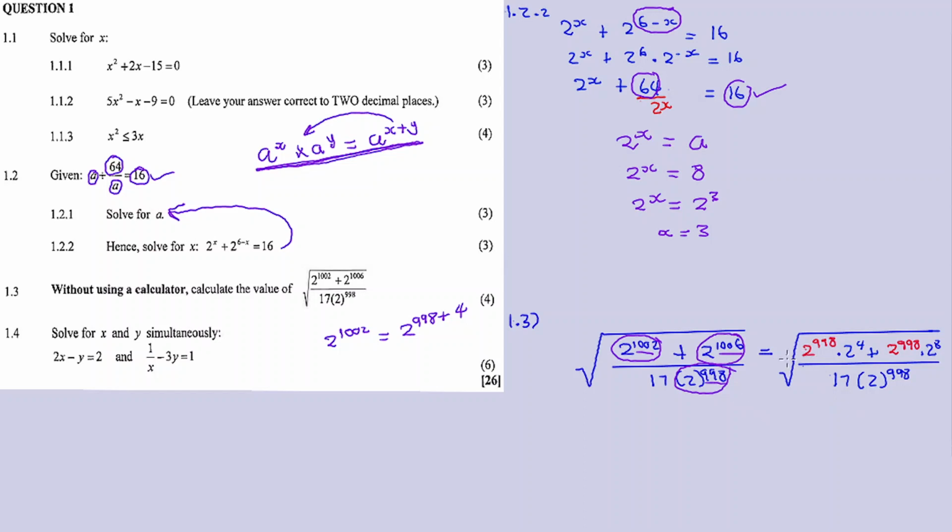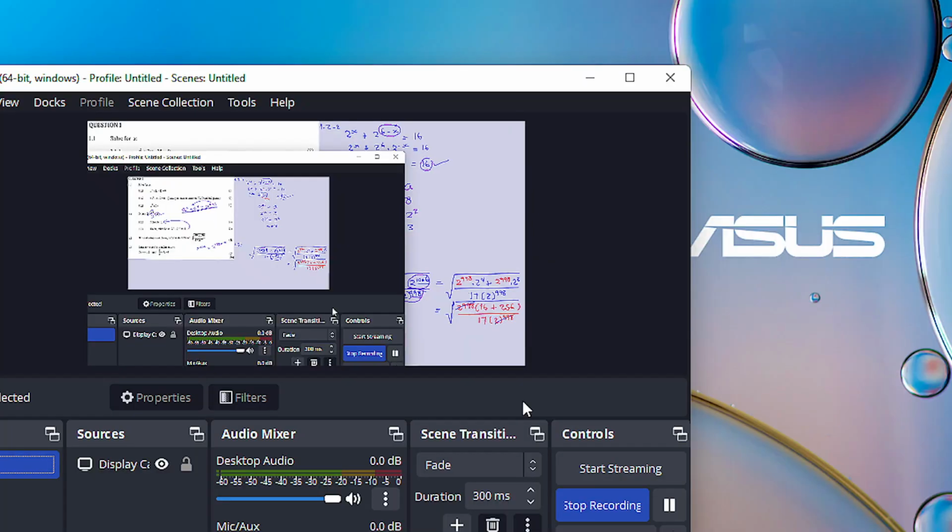Okay, why do I want to write these big exponents in terms of exponent 998? I want to take out this 2 to the 998 as a common factor so that it will cancel with the exponent at the bottom. Do you see? It is a way of reducing the numbers. So, let me take out this 2 to the 998 as a common factor, then the power cancels with the one at the bottom. 16 plus 256.